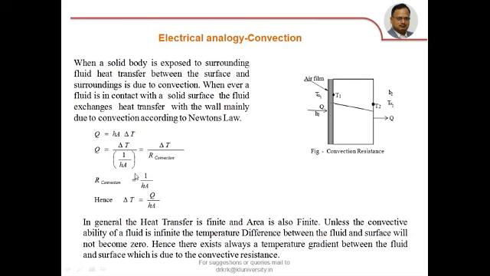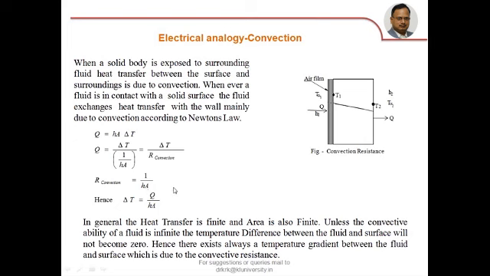So all surfaces which are exposed to a convective environment with finite convective heat transfer coefficient exhibit a convective resistance at their surfaces, and the value of the convective resistance is equal to 1 by hA. Here, A represents the exposed surface area.